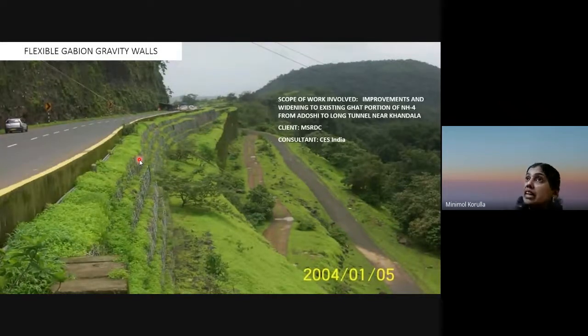They have saved a lot of money, and you can see that the gabions are completely covered with vegetation, because it allows the vegetation to grow. If it were a rigid concrete wall or a stone masonry wall, this vegetation would have caused a lot of cracks.